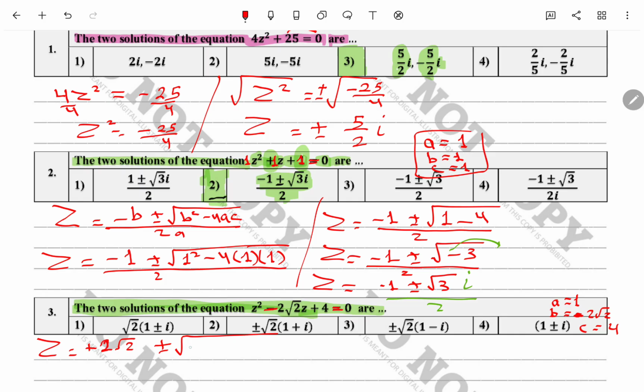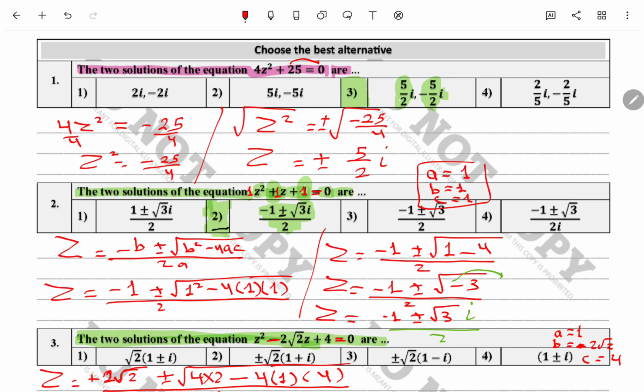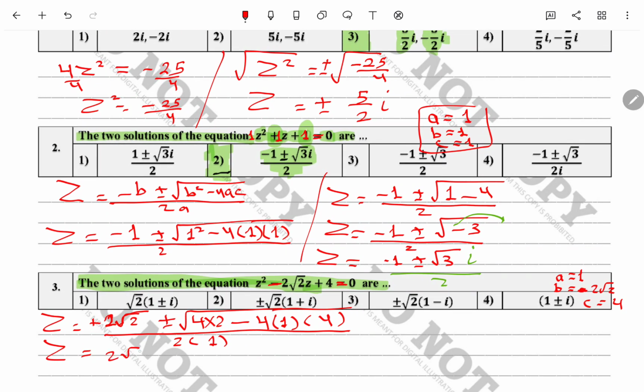If you square 2 root of 2, you will get 8. That is minus 4 times a, which is 1, and c, which is 4, all under the root, divided by 2 times a. z equals 2 root of 2 plus and minus the square root of 8 minus 16, all divided by 2.